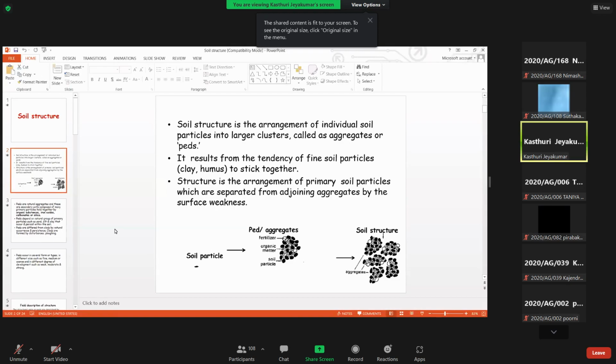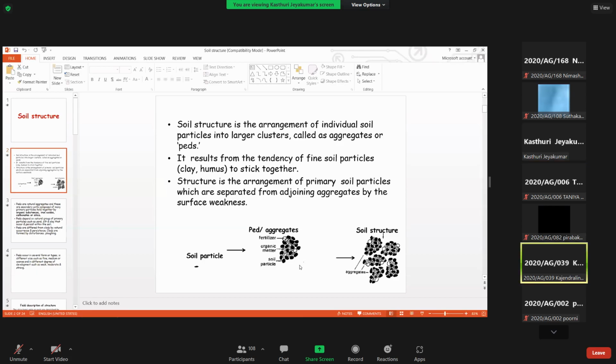039, you can start. Soil structure is the arrangement of individual soil particles into larger clusters called aggregates or peds.